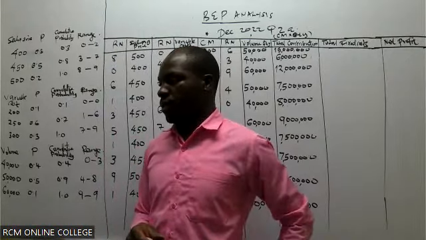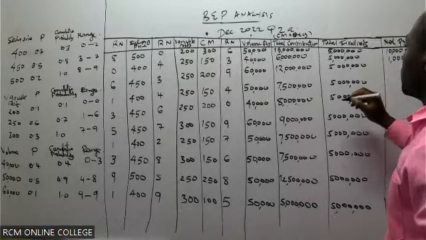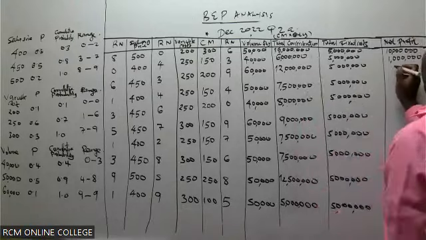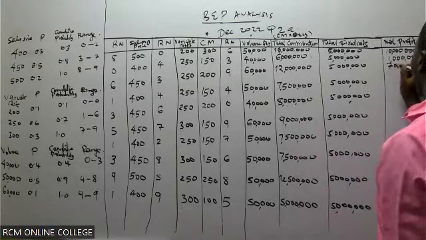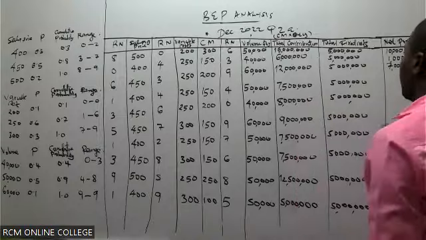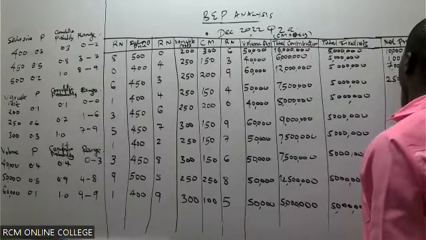So I'm having 10 million. Here I'm having 1 million. Here I'm having 7 million. Here I'm having 2,500,000.